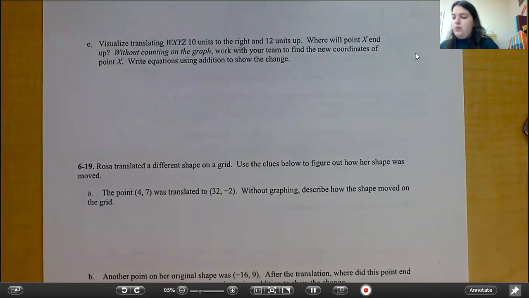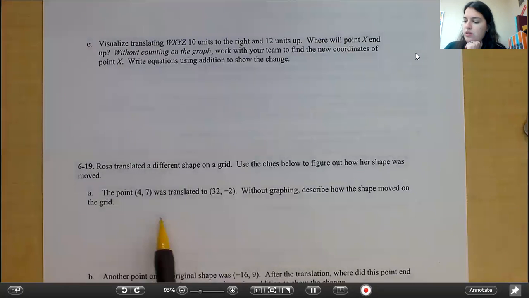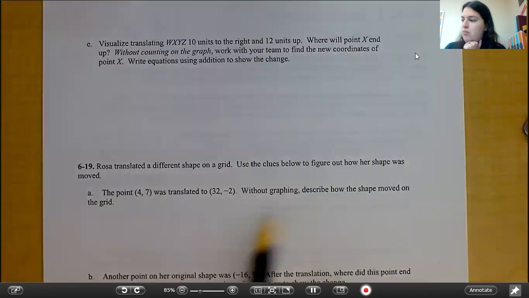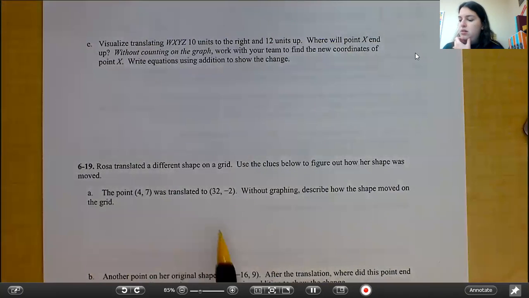6.19 says, Rosa translated a different shape on a grid. Use clues below to figure out how her shape was moved. A, the point (4, 7) was translated to (3, 2, -2). Without graphing, describe how the shape moved on the grid. So use the idea here of your addition sentences from above to help you figure out part A. Part B says, another point on her original shape was (-16, 9).